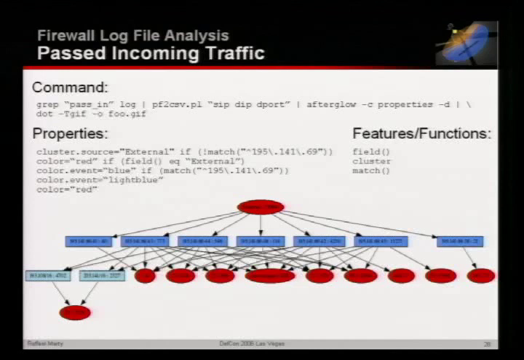That's an artifact of FTP, because the way PF to CSV parses my file, it doesn't know that there is a back connection out from FTP, so that still stays in there. But it's kind of nice to see that. So I know that two machines in my network were actually FTPing back out, or sending data out to the internet. And everything else is just red.